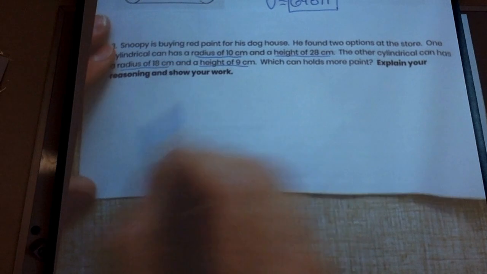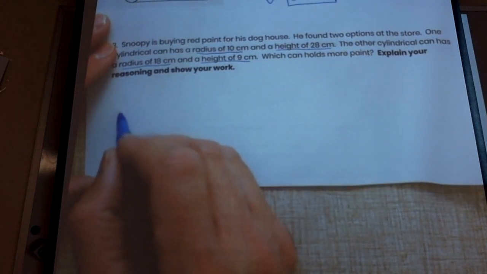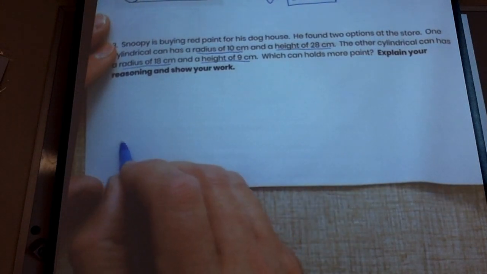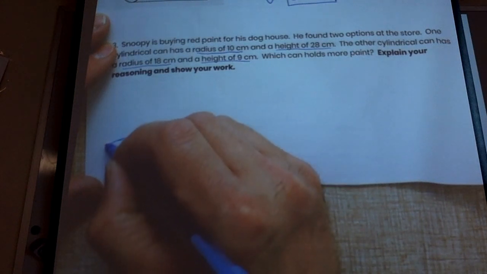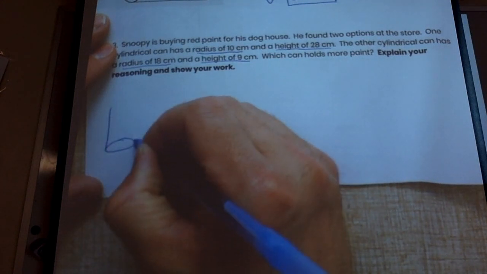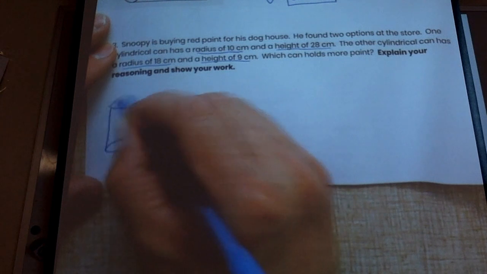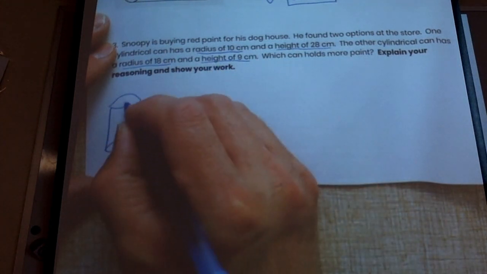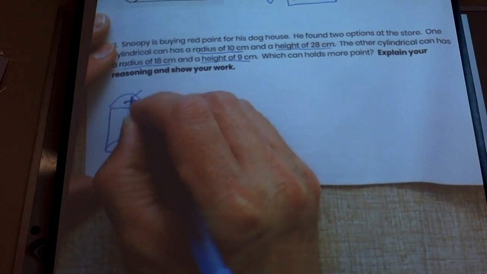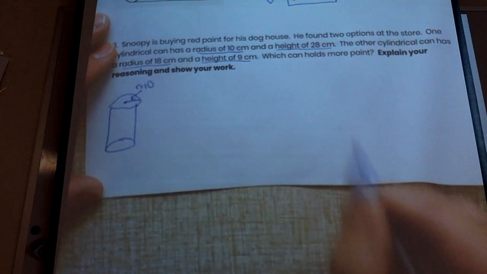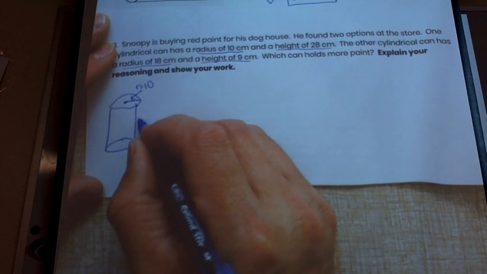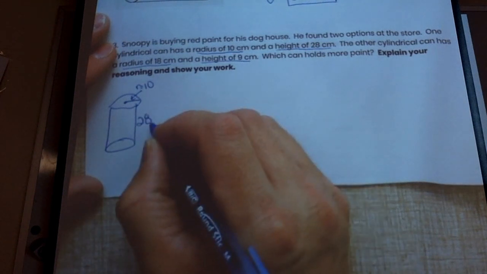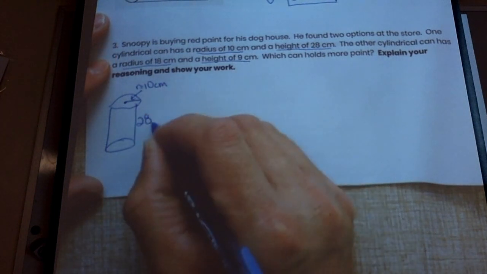So, if we drew these, it's not the best, but they said the radius is 10. And our height is 28. These are all centimeters.